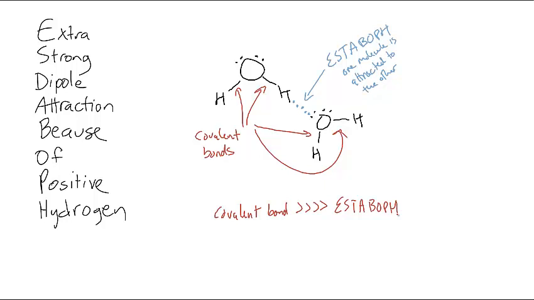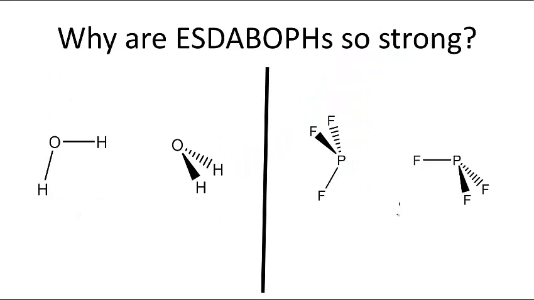So why are they so strong? Why do they need their own special designation? So if I look here, I have water and water. I have a very partially positive H and a lone pair on the O, very partially negative, so they can be attracted.